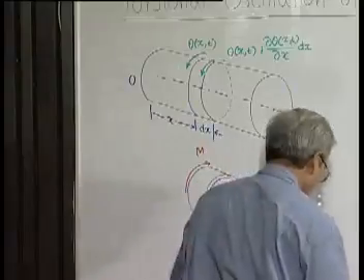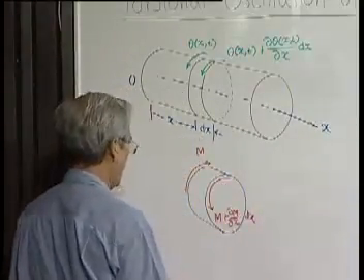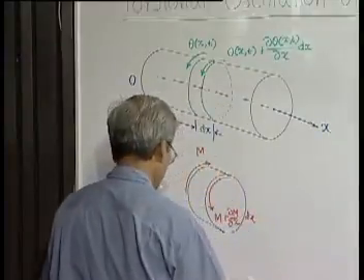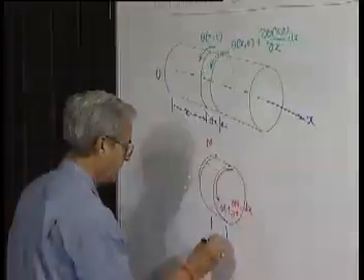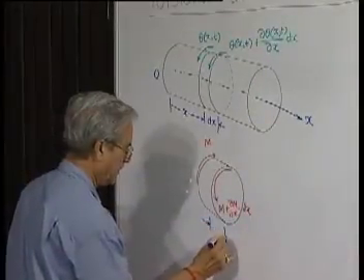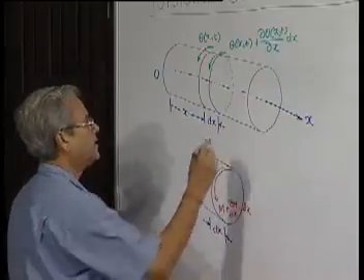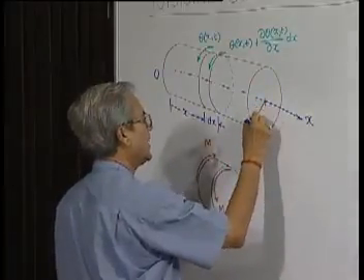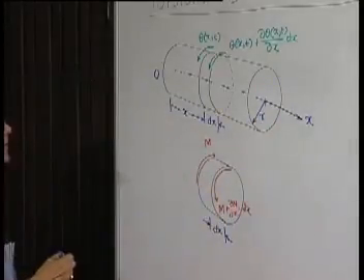So therefore, we can say this is a shaft of length dx and say, of course, we have not mentioned the size. Let us consider the radius to be r.